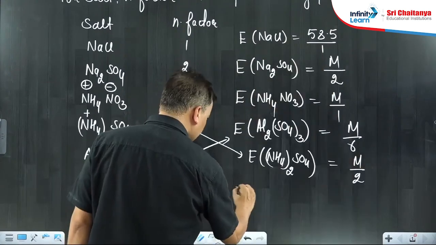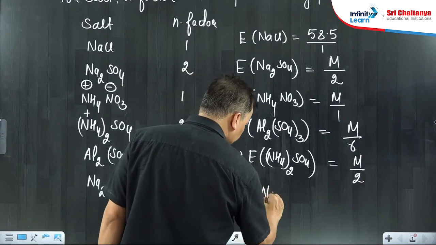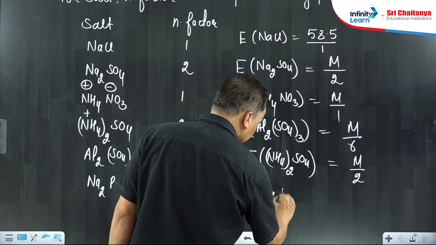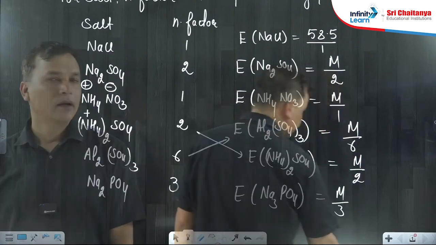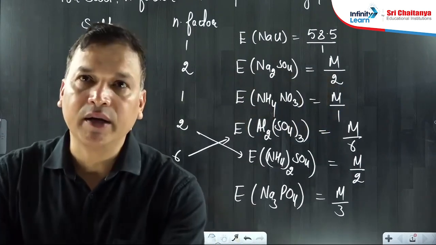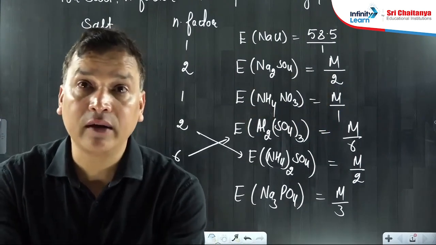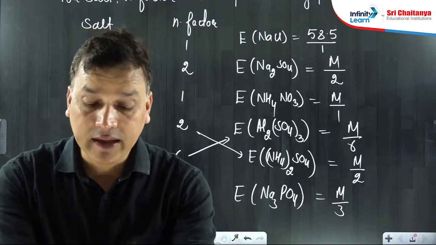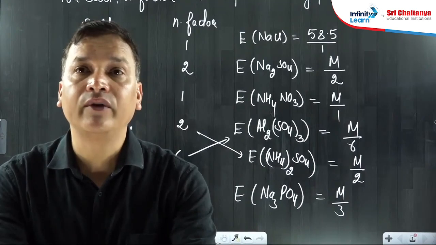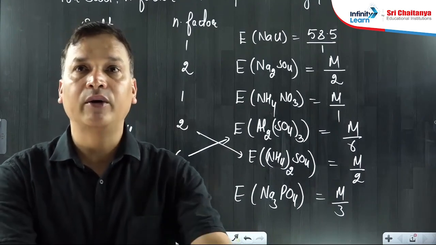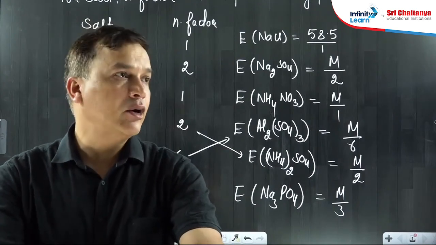Equivalent weight of sodium phosphate, Na3PO4, is equal to molar mass upon 3. Please tell me what we calculated. We calculated the n factor, and from the n factor we can calculate the number of gram equivalents, or we can calculate the equivalent weight of acid, equivalent weight of base, equivalent weight of salt.